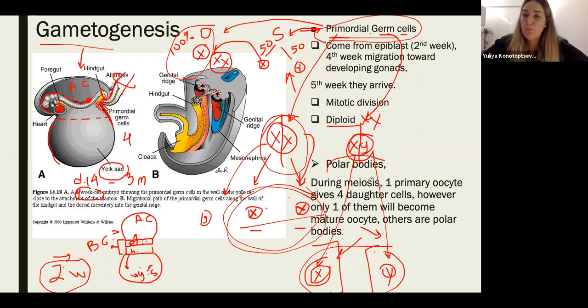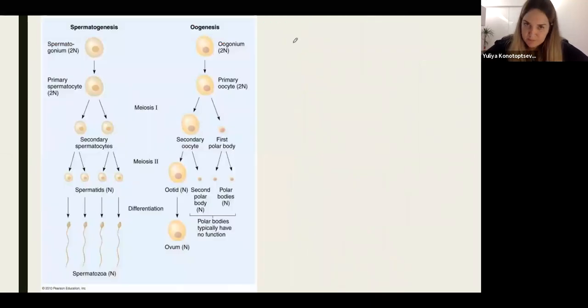There is something called polar bodies, and it's very important. They're going to ask you a question about it. It's not the same as in the genetics polar body. It's a bit different, yeah? So without going too much into the details, take a look at the spermatogenesis and oogenesis. In men, you're going to see that every time a parent cell divides, it gives you 2 daughter cells, right?